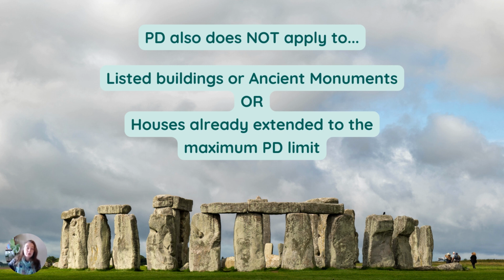And permitted development also does not apply to listed buildings and ancient monuments. And it also doesn't apply to houses that have already been extended to the maximum permitted development limit.